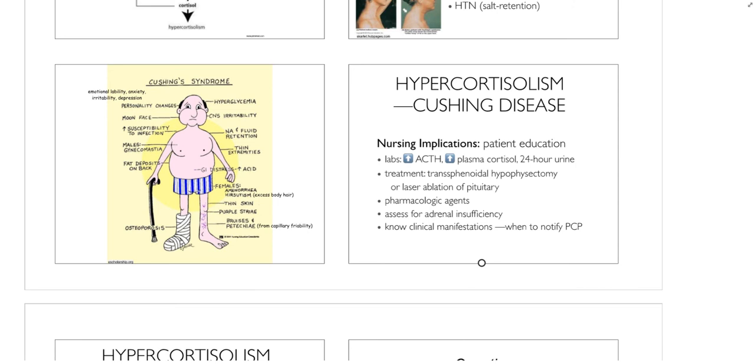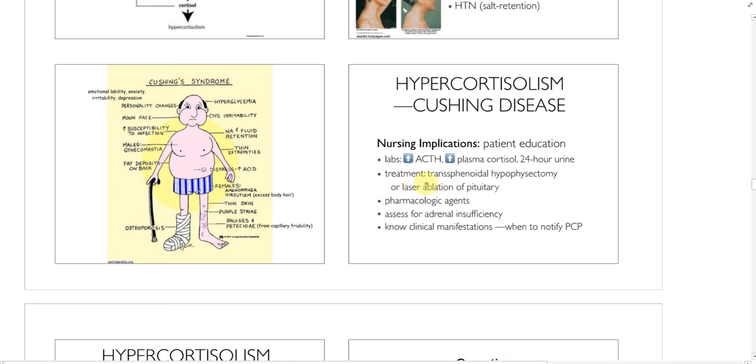All right, so for our patient education, we're going to talk about doing labs, checking for ACTH, which is going to be high, as well as the plasma cortisol. So both of these are going to be high, which indicates that it's a secondary hormone or endocrine issue.